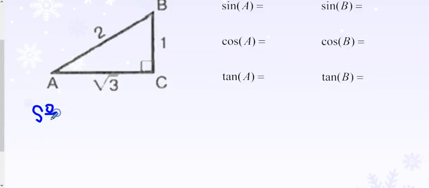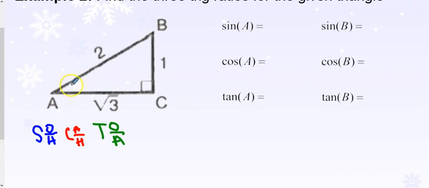S is O over H. CAH is A over H. And TOA is T, and it's O over A. Now we're going to fill out our triangle based off of theta being A. Across from the right angle is H. Between the given angle and the right angle is A. And across from our given angle is O.